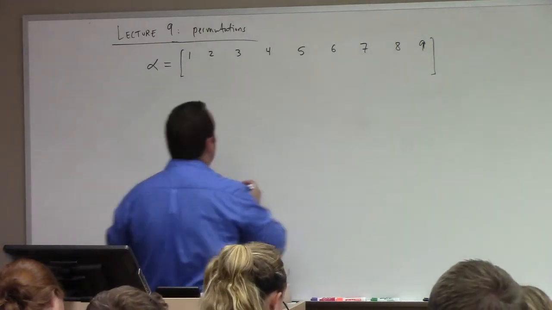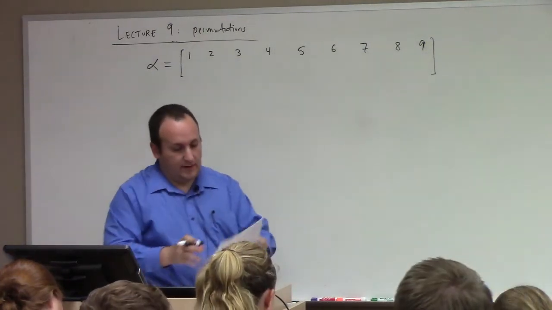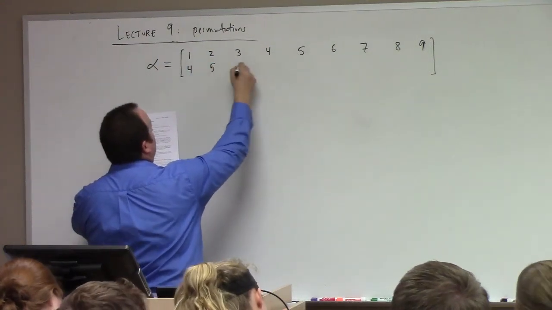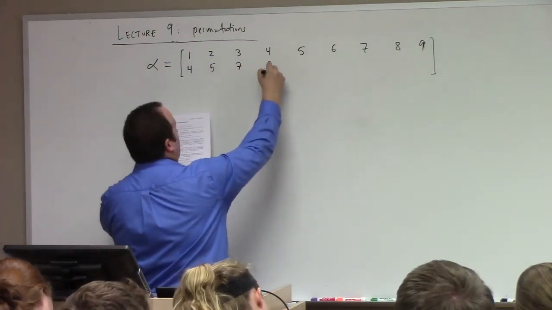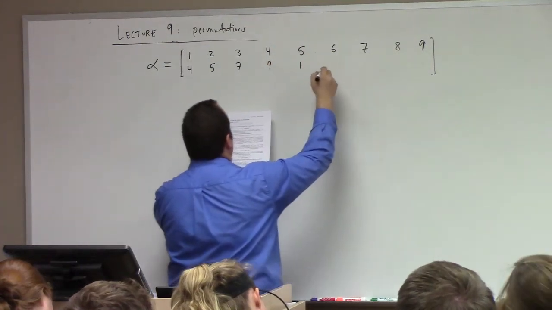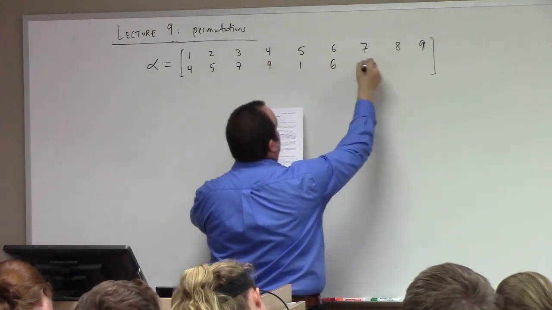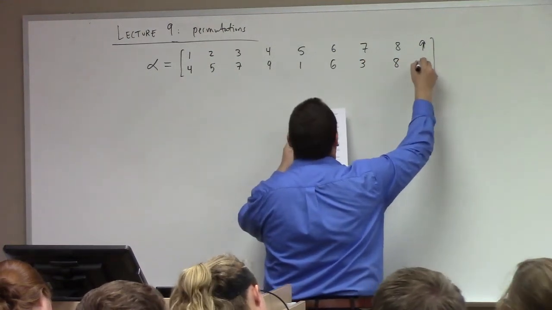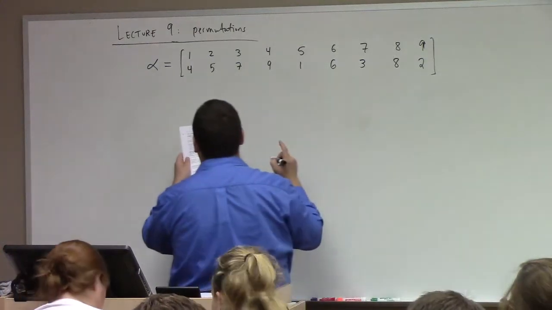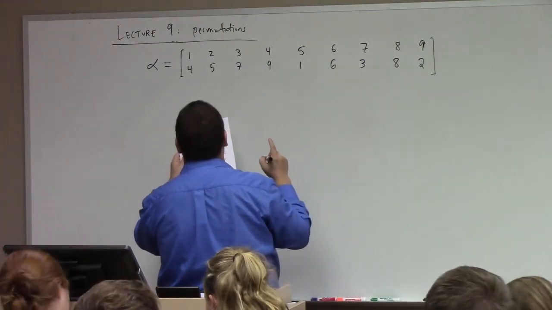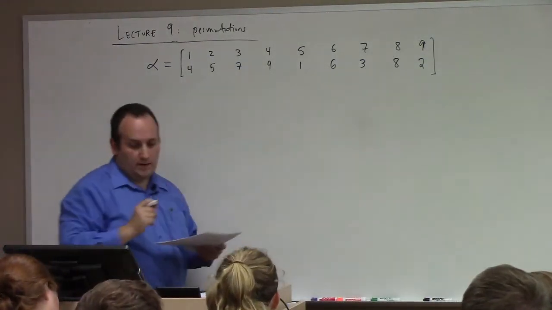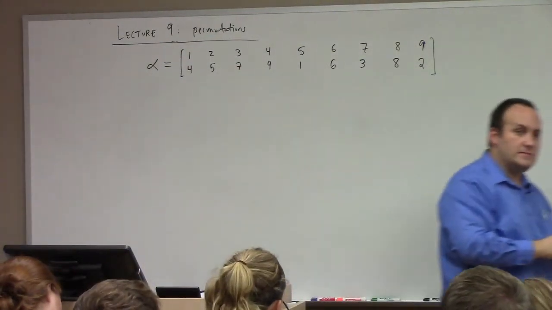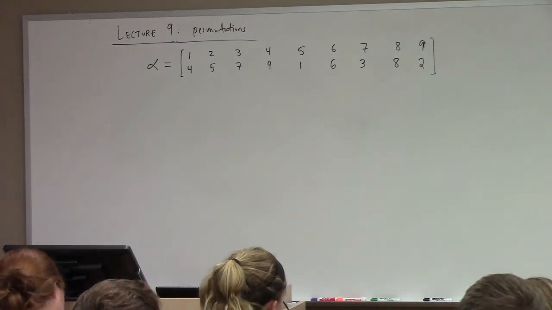Suppose your outputs are 4, 5, 7, 9, 1, 6, 3, 8, and 2. Let's check that: 4, 5, 7, 9, 1, 6, 3, 8, 2. Okay. The permutation is written, at the moment, in array notation.